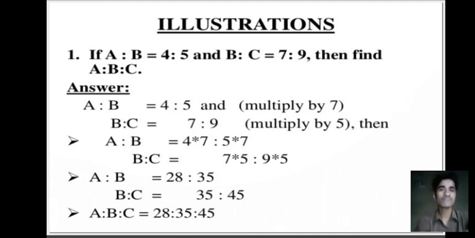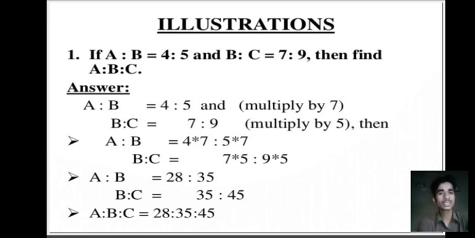Illustration: if A is to B equals 4 is to 5 and B is to C equals 7 is to 9, then find A is to B is to C. Answer: A is to B equals 4 is to 5, multiply by 7.